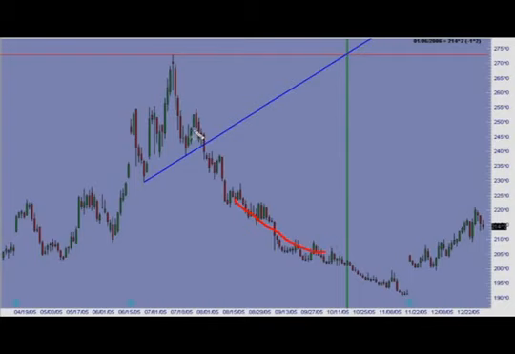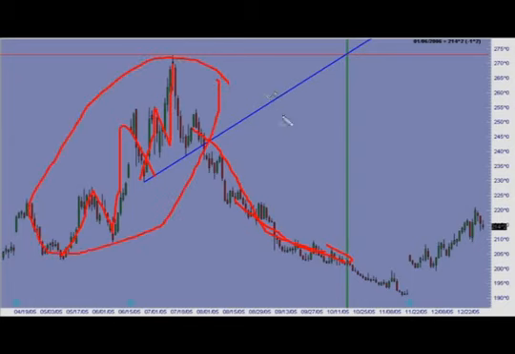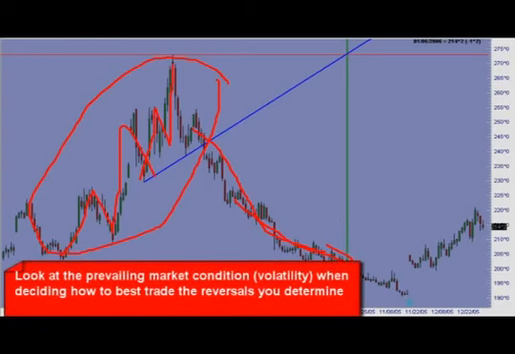Unfortunately, most market conditions don't allow this type of motion. It is more likely to have swings like this. And this is the key area where the reversals will make a dramatic impact, when you have more volatility. At the same time, this is the type of market condition that is also potentially more profitable. In any event, it's important to look at the prevailing market condition and consider that when using the reversals.